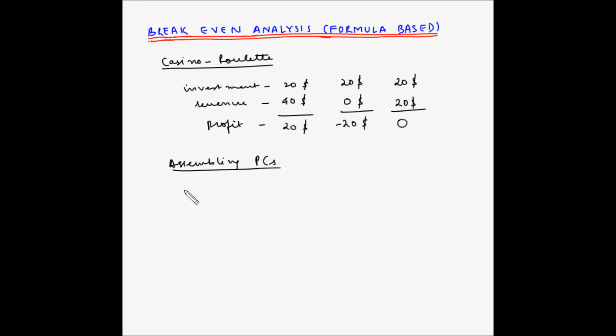Now in order to do that, you will either have to first rent or buy a facility where these PCs will be assembled. And the amount of money that you are going to pay for this facility is known as the fixed cost, because it is constant and does not depend on how many PCs you are assembling.